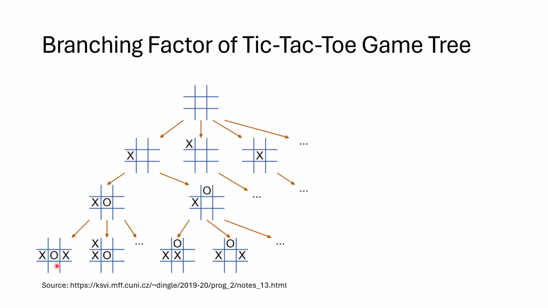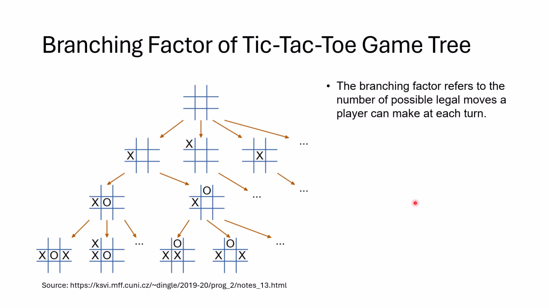Now the third level, again the first player will play, right? It's turn taking. How many positions to place X for that person? For every second level node, there will be 7 different spots because 2 spots are already taken. In that way, in total there are 9 different slots. So there will be 9 levels in the tree.